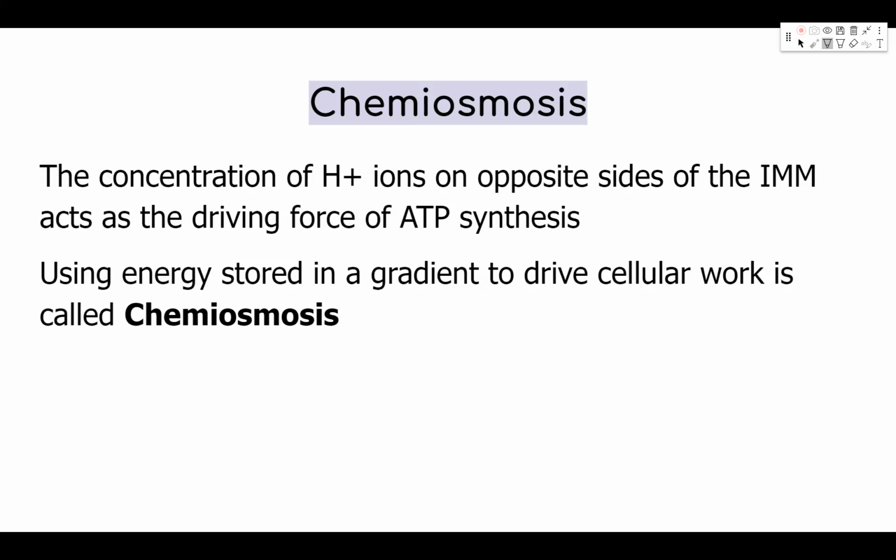So, when we use energy stored in that gradient, that is what we call chemiosmosis. We're using an electrochemical gradient to our advantage. We're using it to do work, to power ATP synthesis. And when we do that, we call it chemiosmosis, which is just a fun word to say. I recommend trying it out.